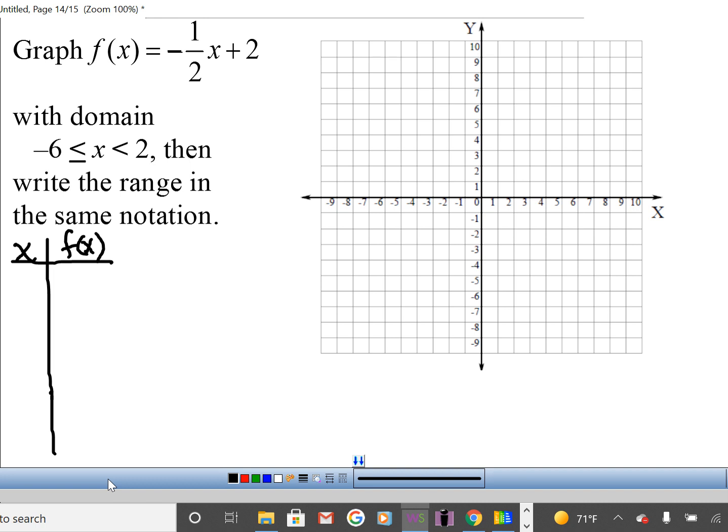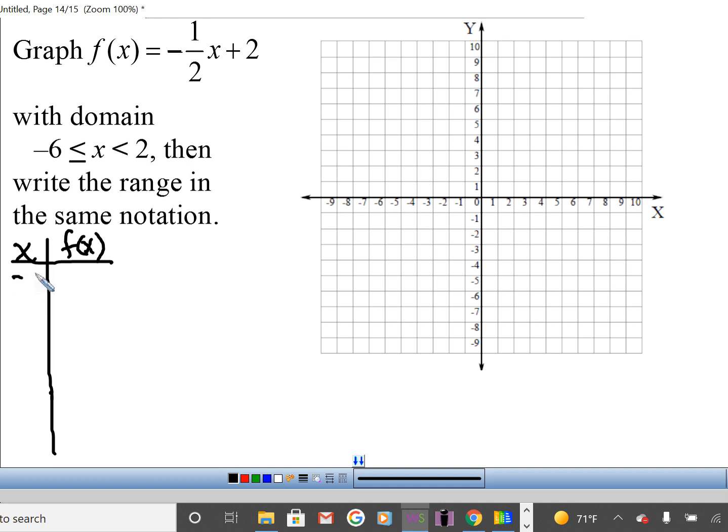All right. So, question. What is my domain? Think about it. They said it's from here to here. Tell your neighbor what numbers we're going to write here. So, all right, let's move on.